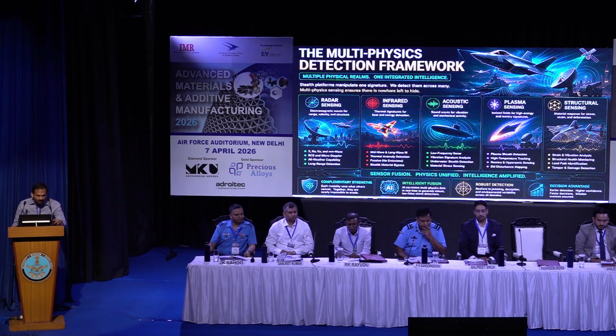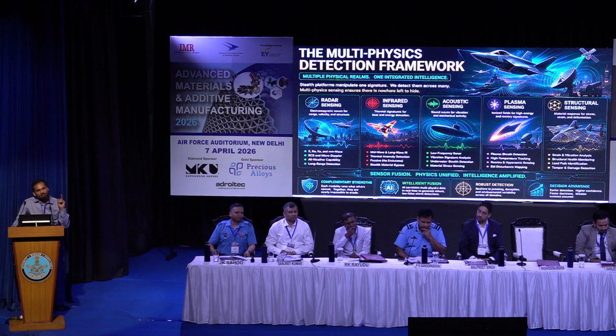And then this is how multi-physics works: radar sensing, infrared sensing, plasma, and structure. These are the four combined sensing methods which Iran is using, because Iran is using ballistic missiles. Why was the USA air defense system not able to counter some of the Iranian missiles?